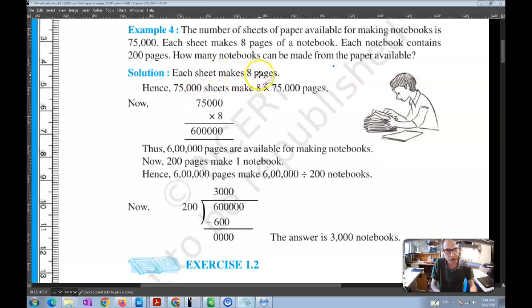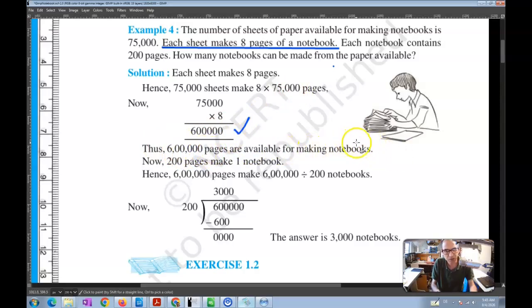It says each sheet makes 8 pages. Here we said each sheet makes 8 pages of a notebook. Hence 75,000 sheets make 8 times 75,000 pages. That's what we did in the first stage. Thus 600,000 pages are available for making notebooks.